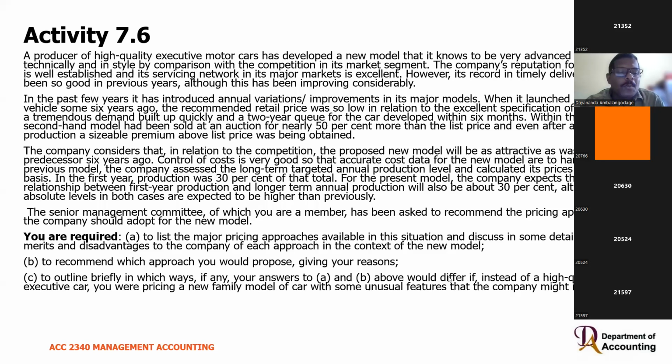So if you propose the target costing method as the recommended approach, then you have to write those things also with the reasons. But if you propose cost plus, you can write the same way I explained earlier. It depends on what you propose. I hope that you got the point.